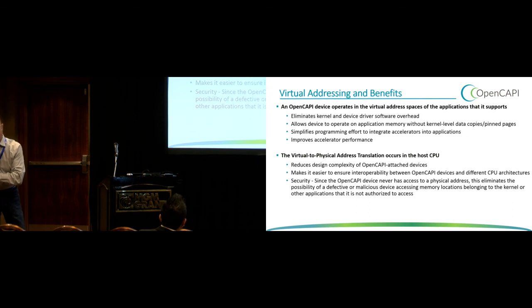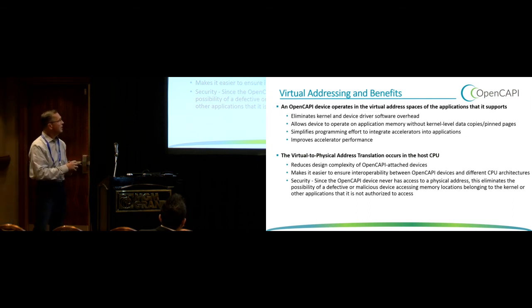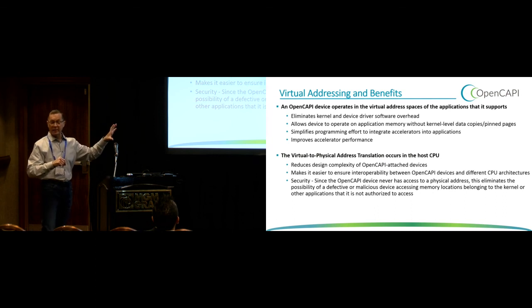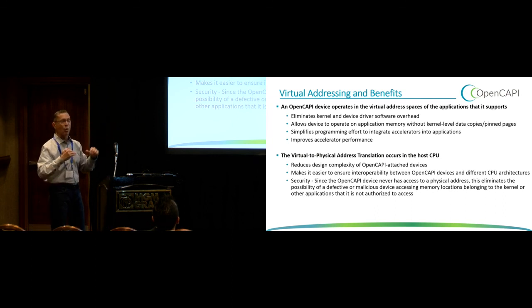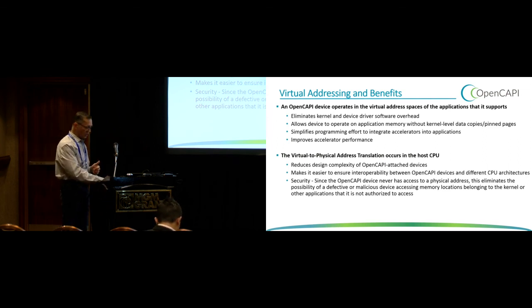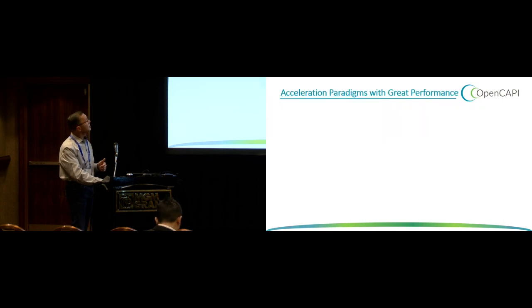We take that burden off the guys who are creating these accelerators, so that's done on the processor side. Reduces the design complexity on the accelerator. Ensures more interoperability between the devices. And security. I mean, security has been a big buzzword lately in the industry. The added benefit of having the virtual addressing is nobody can get direct access from your attached devices into your hosts. So that kind of shields any kind of concerns there.